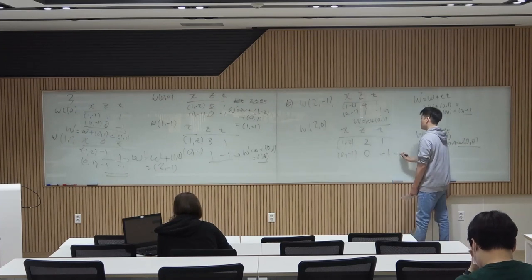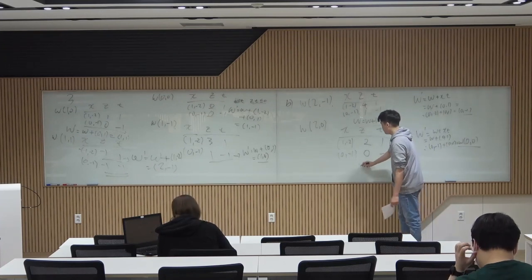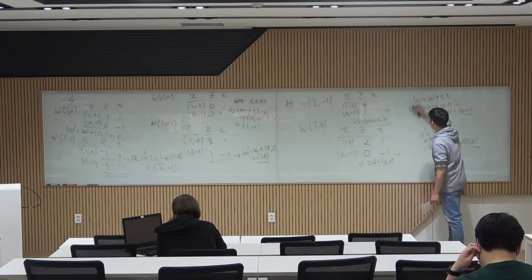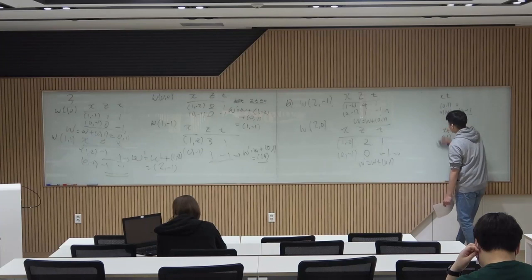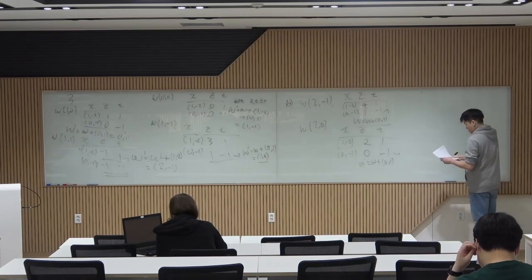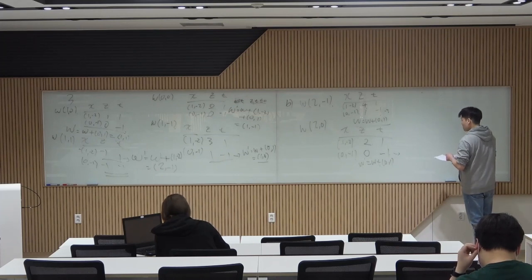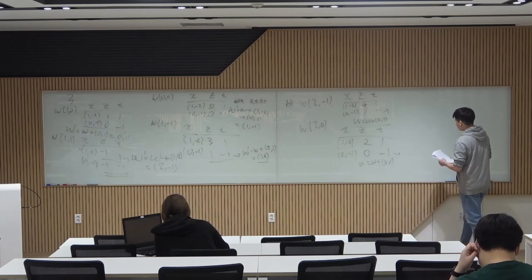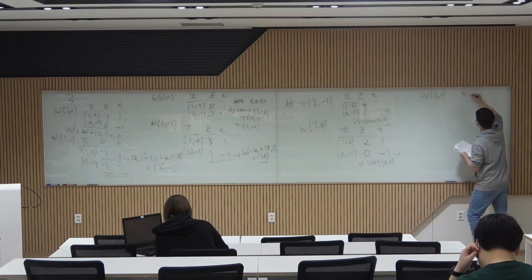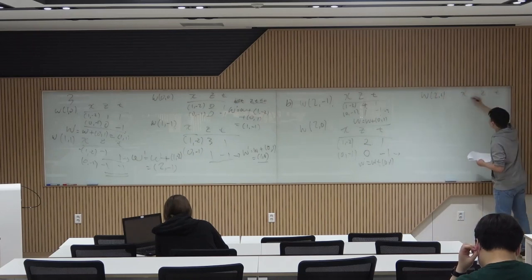So again, the second point, second training example is wrong. So we need to update the weight like this. Our next point is 2, 1 and x, t.